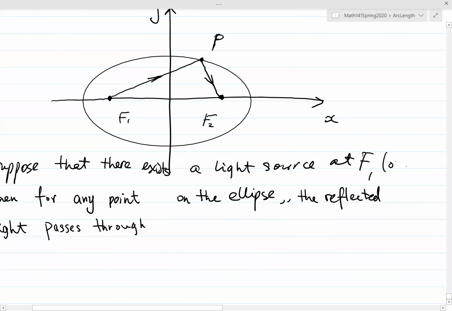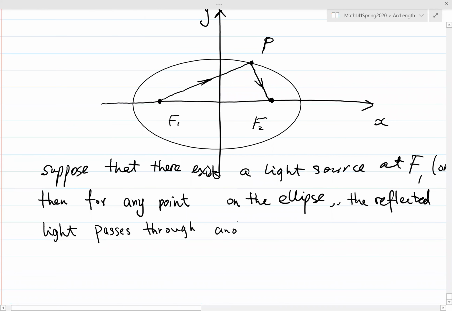F1 is one focus, and the light passes through the other focus, F2. So this is the conclusion. This is a remarkable property.